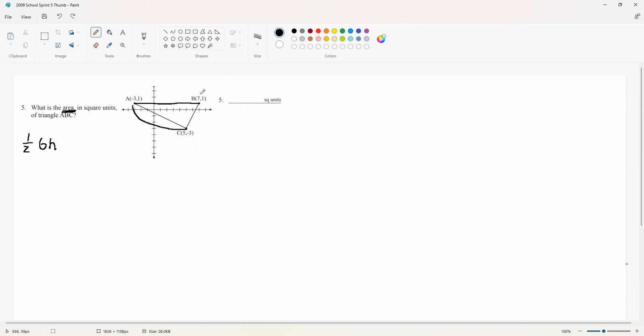If we notice, the height of a triangle is perpendicular to the base and goes to the highest point, right?